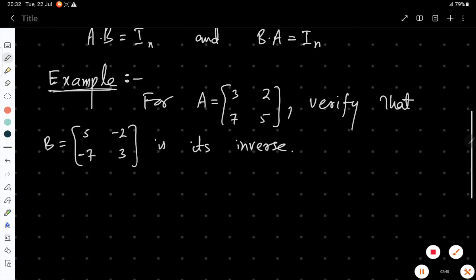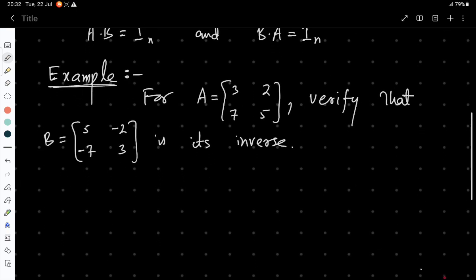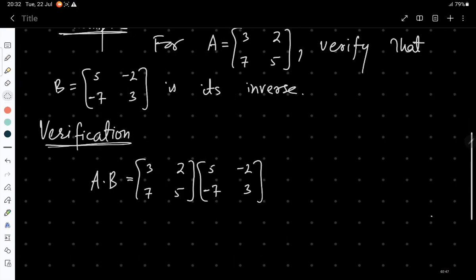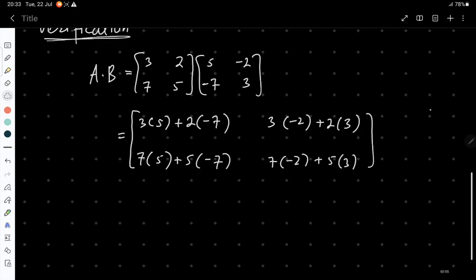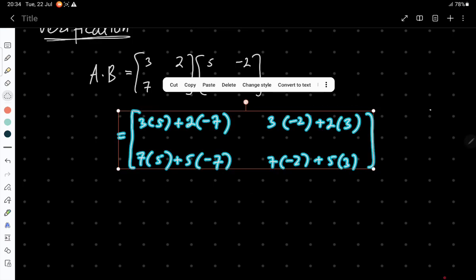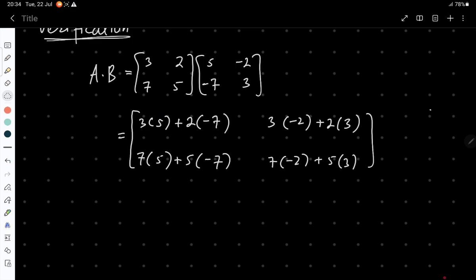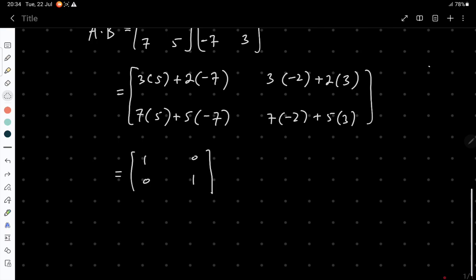So let's do the multiplication. First I will multiply A with B, then I will multiply B with A. After calculation, I get this value, and after simplification, you can check that this is the identity of order 2.